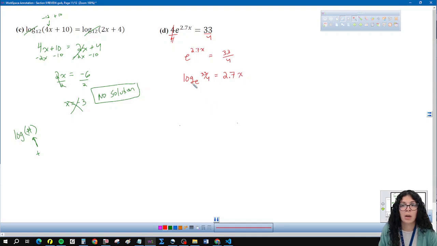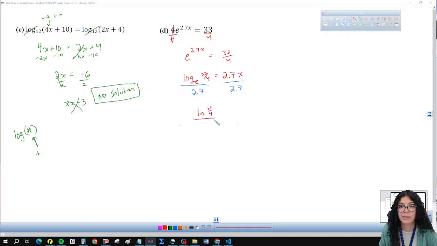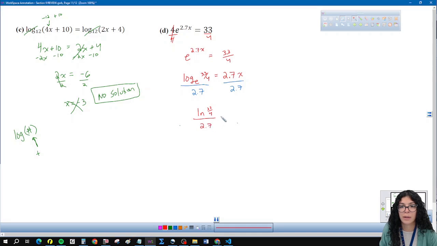Log base e is ln, and to get x completely by itself, I would need to divide by 2.7 on both sides. So in my calculator, I will find what ln 33 over 4 is, and then take that number and divide it by 2.7, and that'll be what x equals.